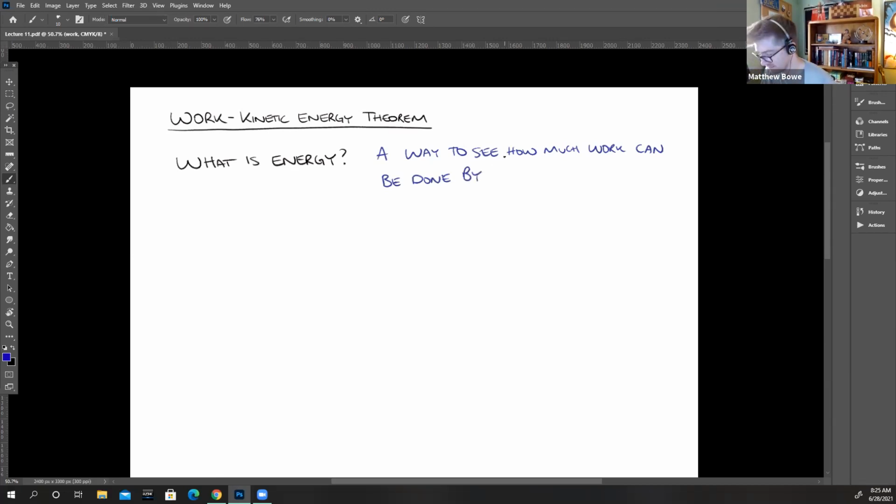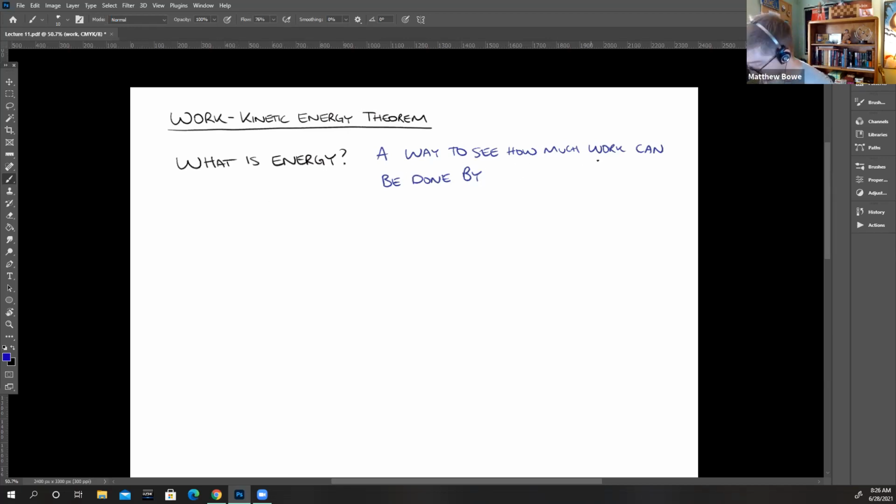So earlier in that example problem, I said a truck. It was said, what is the work done on the truck by the crane? So the crane is giving some energy to the truck. We want to know what is energy.